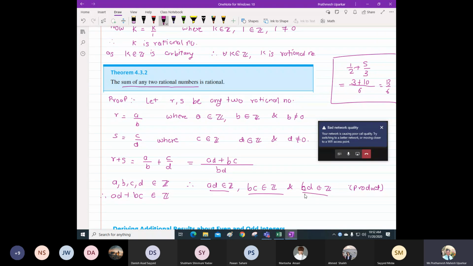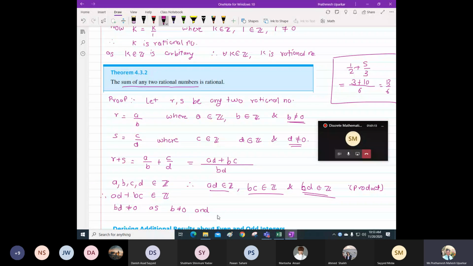You also have bd. The denominator is also in the set of integers. Now, bd is not equal to 0. How can I say that bd is not equal to 0? As b is not equal to 0, we have given b not equal to 0, and we have given d not equal to 0.